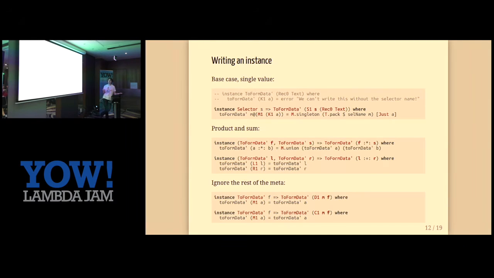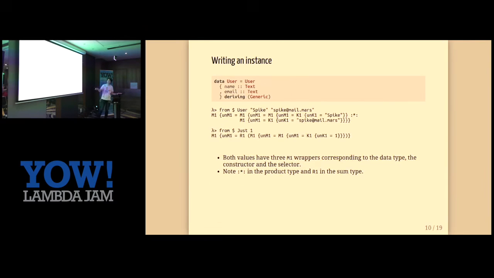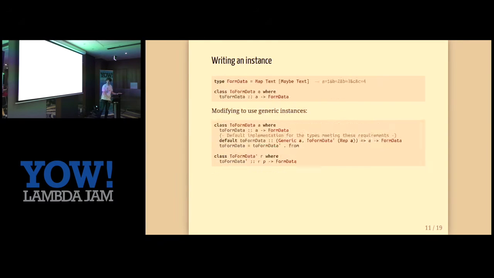We can write the instances for product and sum pretty easily. Let's convert both things here, and let's convert whatever is there that we have into form data. So this is a sum, this is a product. And finally, we have to deal with the outer layers of the meta, the data type, and the constructor names.